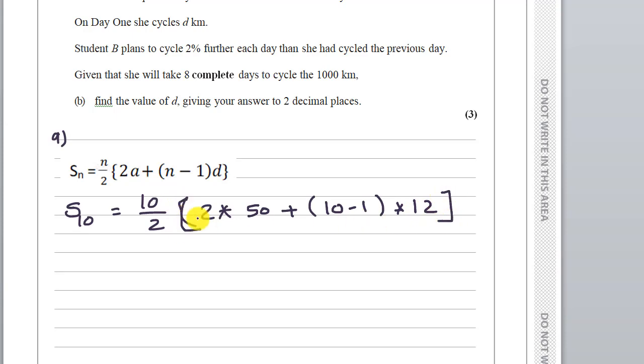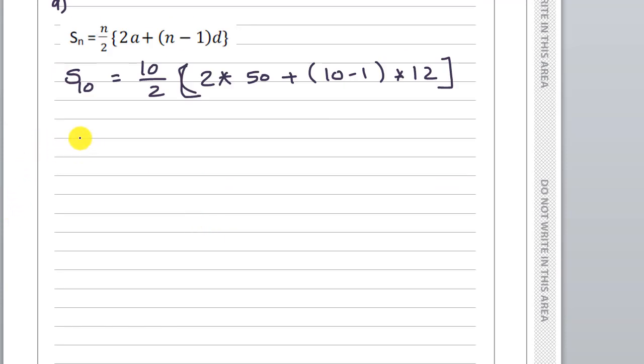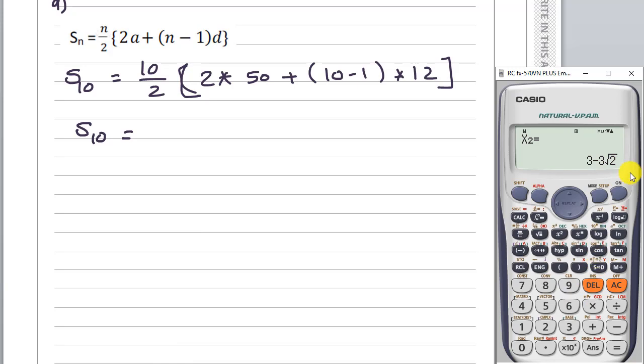Okay? So let us start to solve this equation. So 5 multiplied by open bracket 2 by 50 plus 9 multiplied by 12.